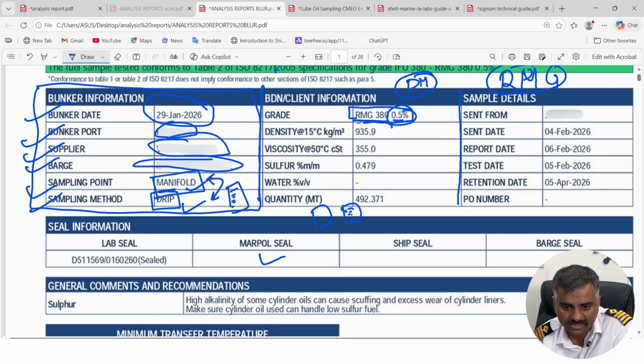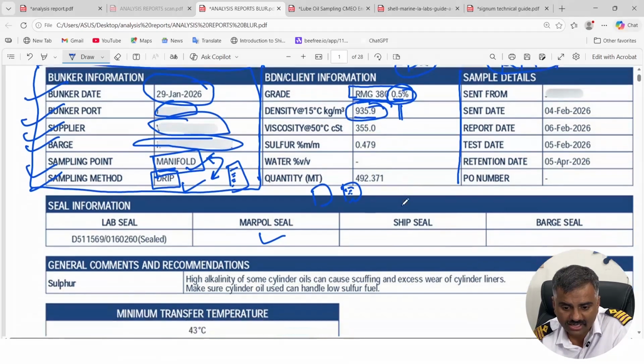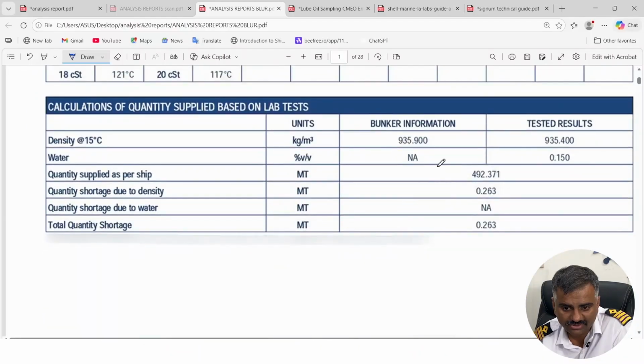Okay, so as per the BDN this is the density. In the lab report there can be a change in the density also. There is 935.9 as per the BDN. When you see the lab report you can see there will be a difference in the density. This is the first one you can see here, density at 15 degrees centigrade.